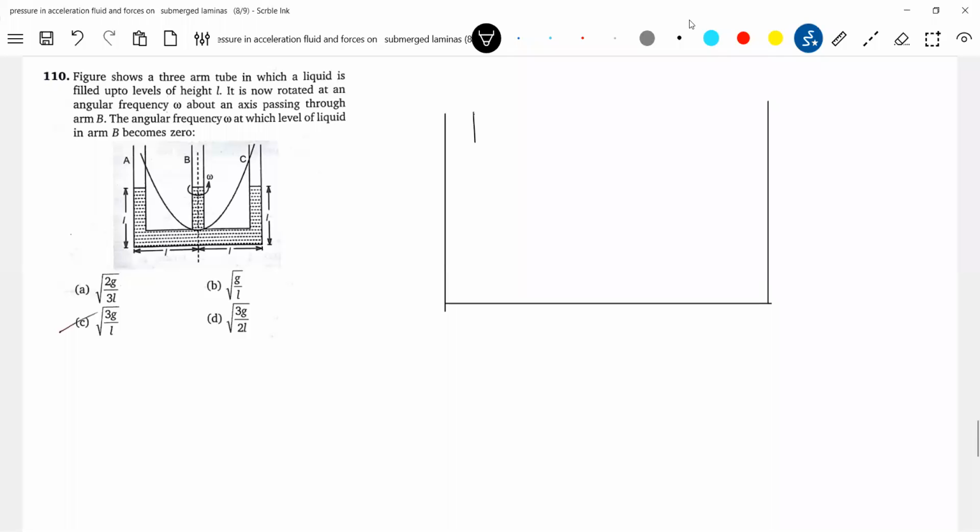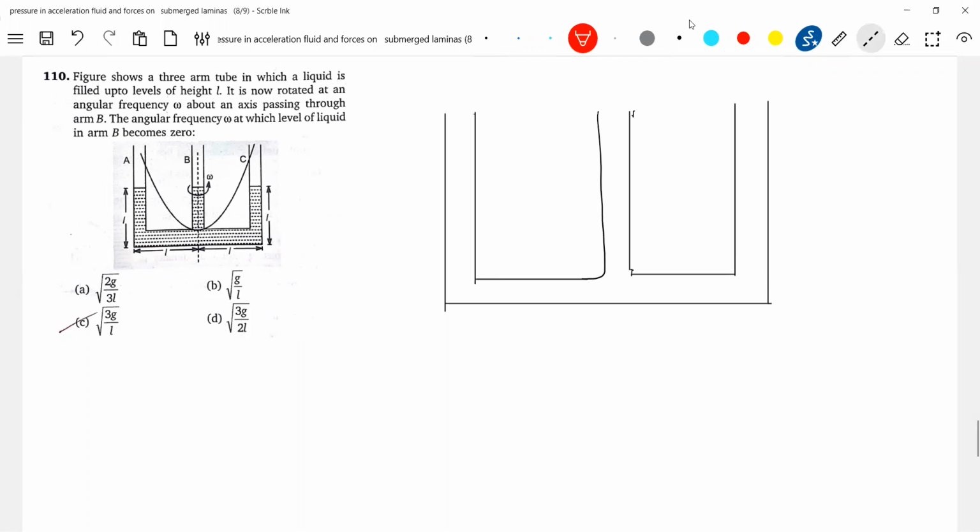I'll try to draw a diagram. It is rotated about this axis.